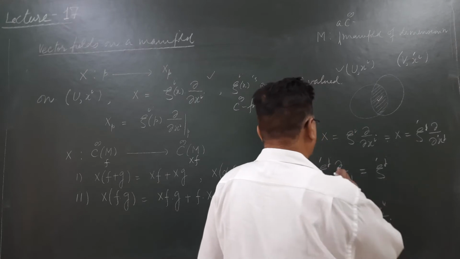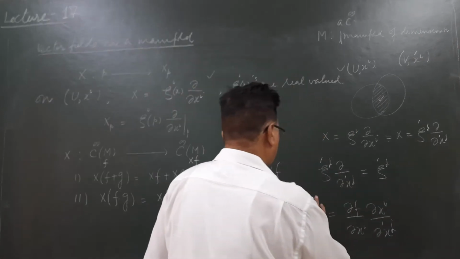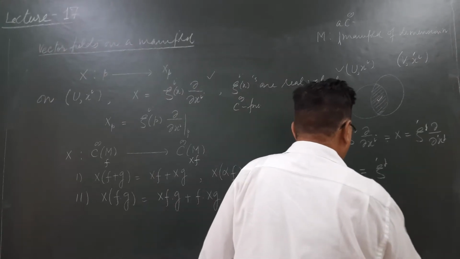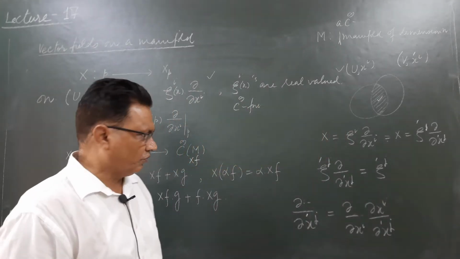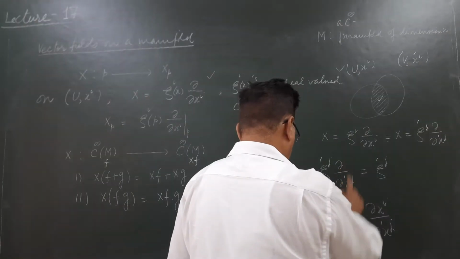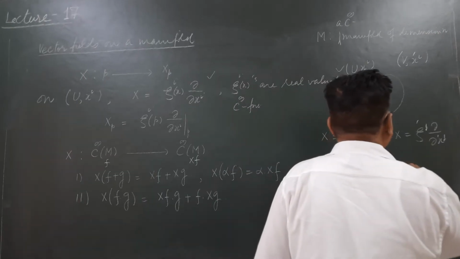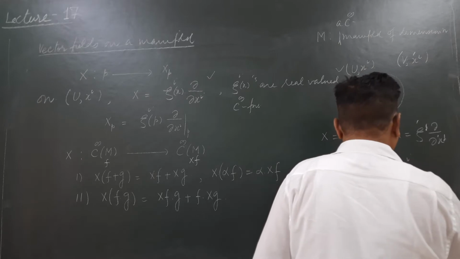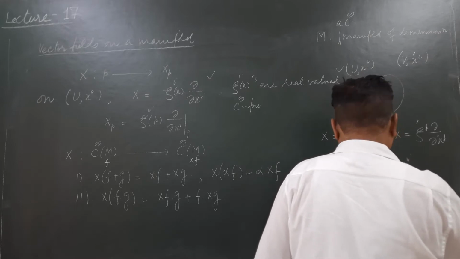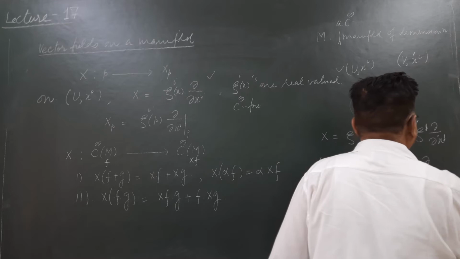So xi dash j into del upon del x dash j, if I remove f from both sides, it will look like this. So del upon del x dash j I can replace by del x i upon del x dash j into del upon del x i.